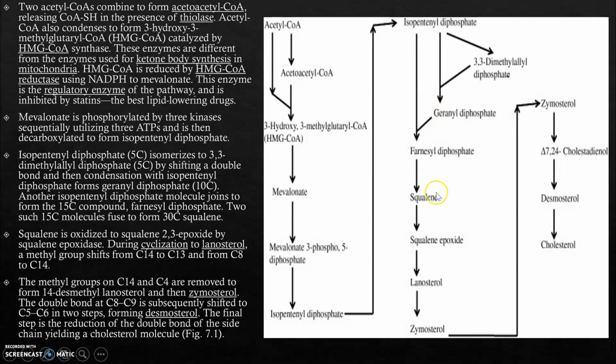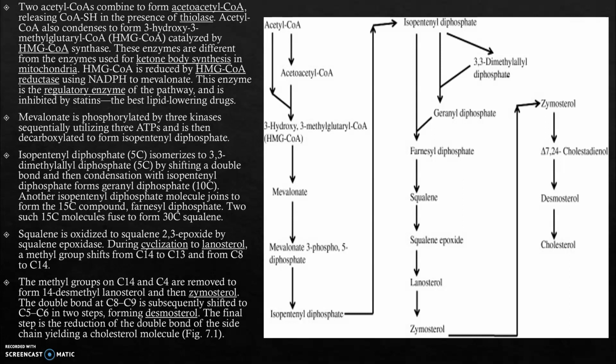So moving down. Squalene is oxidized to squalene 2,3-epoxide by squalene epoxidase. During cyclization to lanosterol, a methyl group shifts from C14 to C13, and forms C8 and C14.